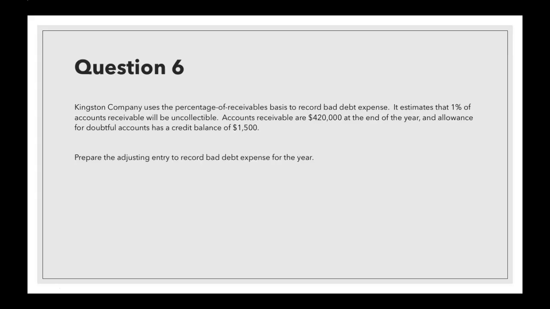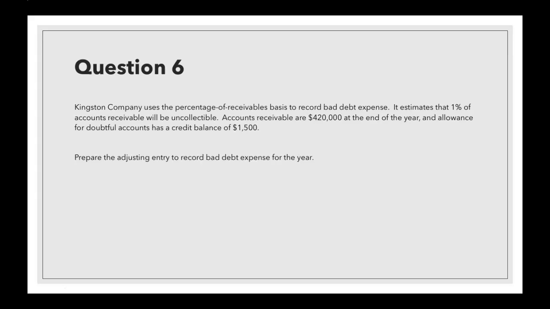Now, Kingston Company uses percentage of receivables basis to record bad debt expense. It estimates that 1% of accounts receivable will become uncollectible. Accounts receivable are $420,000 at the end of the year, and allowance for doubtful accounts has a credit balance of $1,500. We need to prepare the adjusting entry to record the bad debt expense for the year.